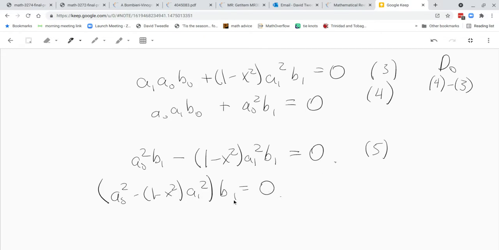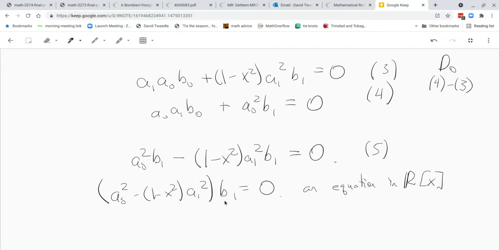So these are all polynomial expressions in x, meaning that this is an equation in R of x. In other words, it's an equation in an integral domain.